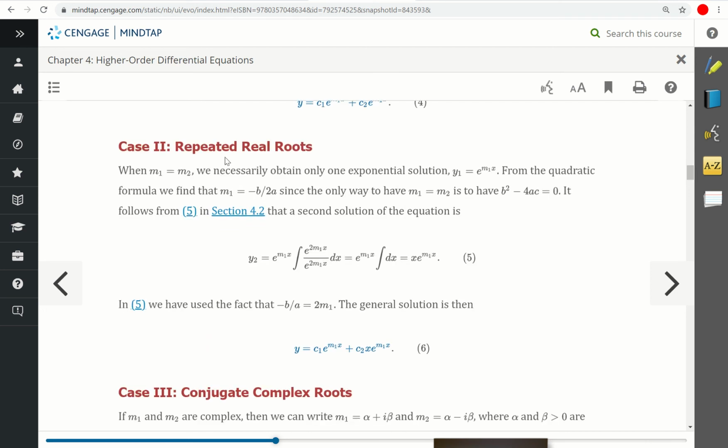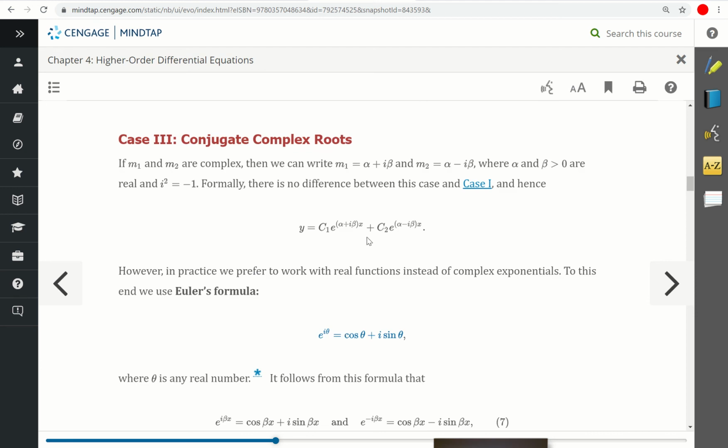So with repeated roots, you're going to have 2 exponential terms, but just be aware that the second one's going to have an x with it, and where that's really coming from is by knowing the first solution and then using reduction of order. We didn't show the details here. If you want to see it, just let me know. I can upload a separate video to work through that part of it. But recall, once you have one solution, reduction of order from 4.2 will allow us to find the second linearly independent solution, and so that's where this x is coming from in the general solution here.